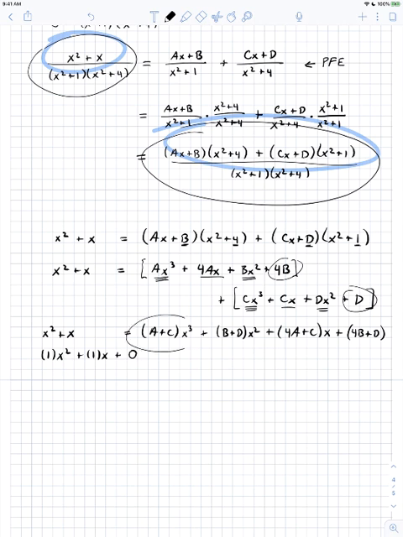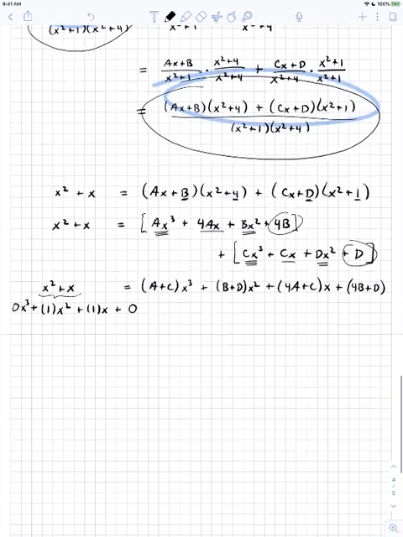Also, there's an x cubed term here, but you don't see one on the left side. That's because it's 0x cubed. You don't need to write in the 0 terms, but sometimes it helps because you can actually then see what the coefficients are, because what we want to do is equate the coefficients.